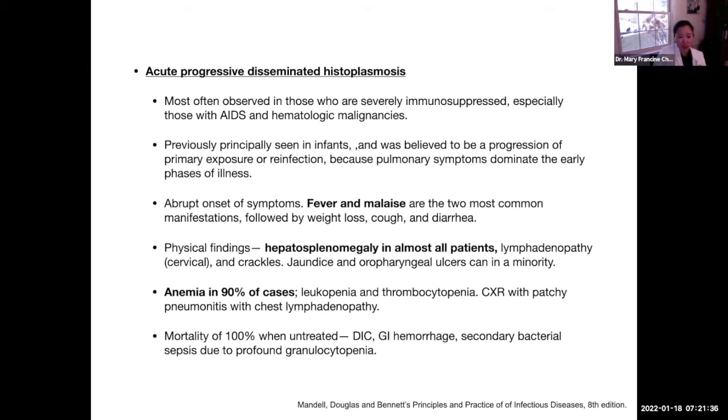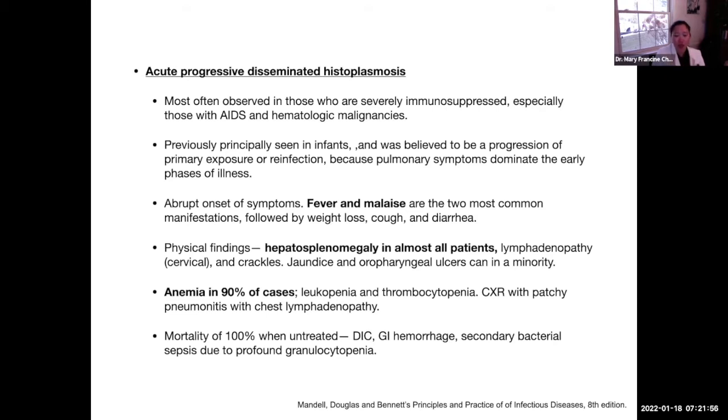Abrupt onset of symptoms, fever, malaise, unintentional weight loss, cough, diarrhea can be seen. Physical findings, hepatosplenomegaly is a big thing that you will see in almost all patients. Lymphadenopathy, especially of the cervical chain, and then crackles.